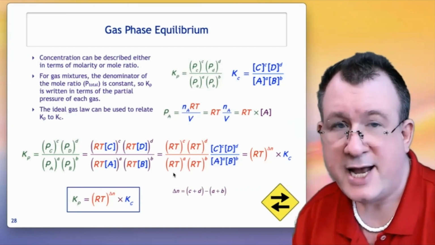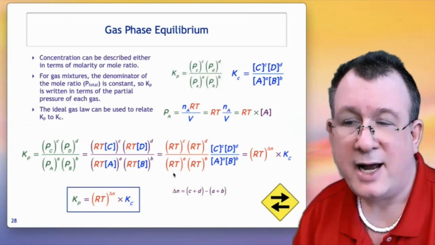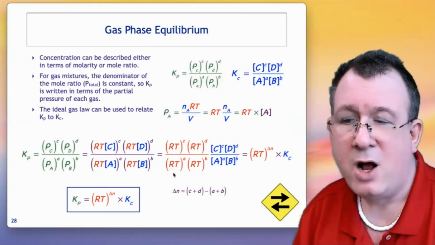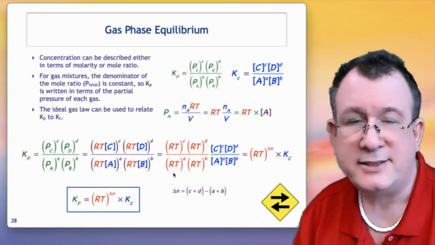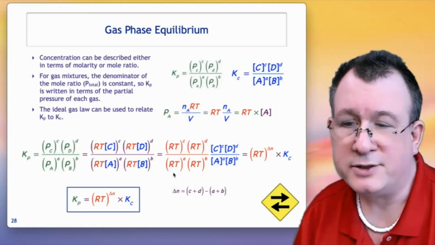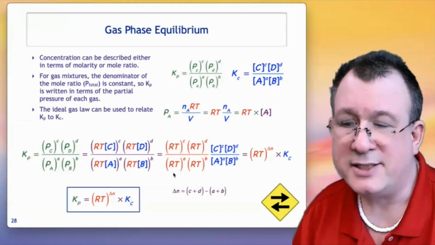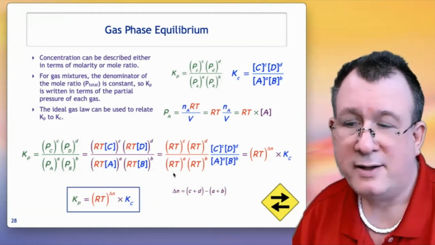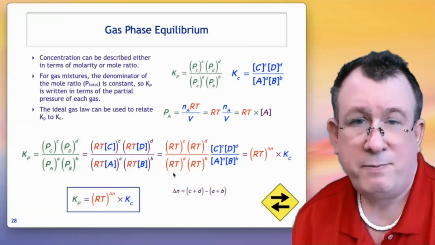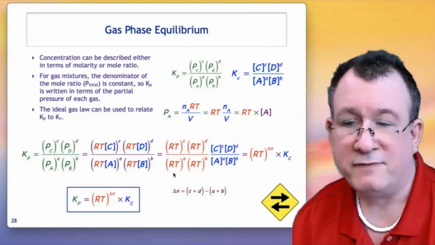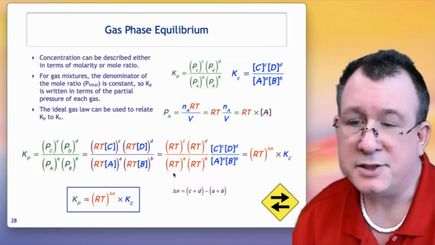So if I'm in the gas phase, I can get Kc for gas phase reactions, or I can relate Kc to another value that'll let me work just in partial pressures. I do that by starting with the ideal gas law, PV equals nRT, and dividing both sides by V. That gives me pressure is equal to moles per volume times RT. Moles per volume is my concentration.